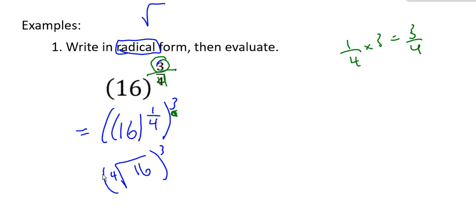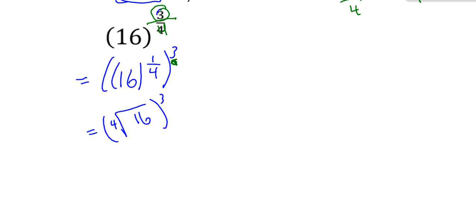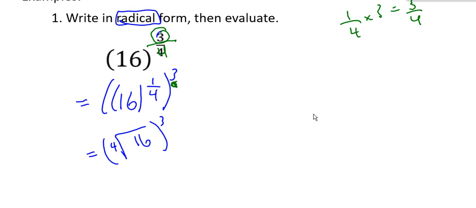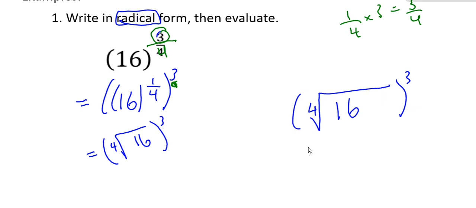So that's my answer to the first part of the question, which is write in radical form. Now, because of the angle I'm at, I'm just going to rewrite it just to make sure that you clearly see how to write it. That 4, meaning fourth root, kind of goes in that little pocket of the radical sign. And now I just need to evaluate that. So what is the fourth root of 16? If you don't know it, use your calculator.